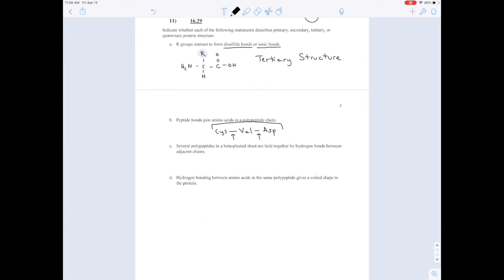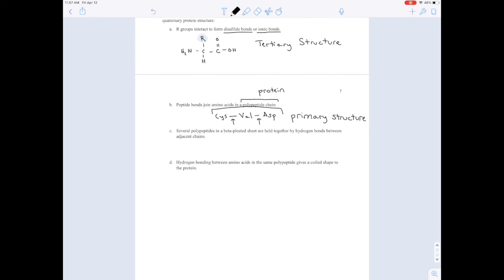And the order of amino acids is the primary structure. So that description is describing the primary structure of a polypeptide chain. Polypeptide chain is just a fancy word for a protein. It's a chain of amino acids that has lots of peptide bonds.